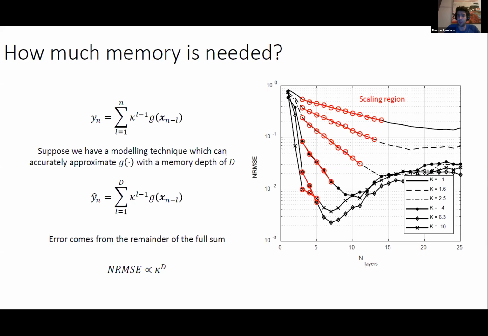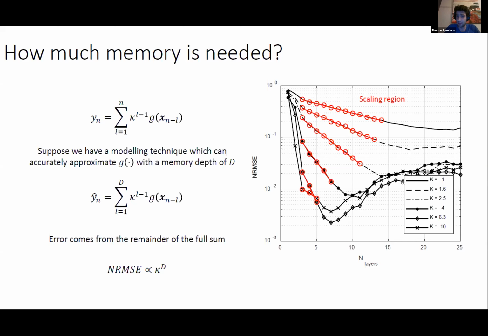And so we're looking for a scaling region, and we're finding those here. These are given in the red, right? And from these we can extract the gradient, and we get the decay rate of the error with increasing memory.